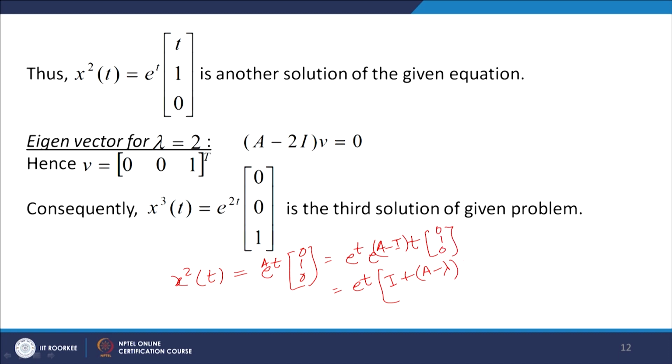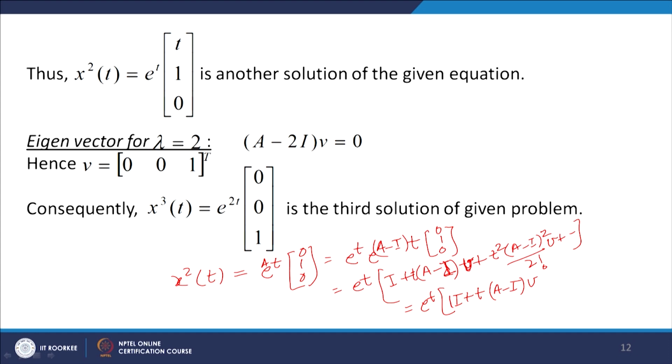So, A minus I whole square, this is b here and this is t here, so t square (A minus lambda I) whole square by 2 factorial b and so on. This reduces to e to the power t times I plus t times (A minus I) into b.